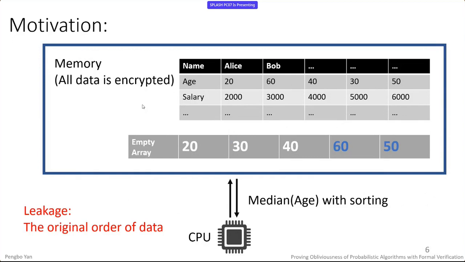If this memory access pattern is leaked, then the original order of the elements in that array is also leaked to the attacker, which is additional information that we don't want to reveal. So this is an example of how the memory access pattern leaks information. If the attacker runs these median queries on multiple rows, then the attacker may infer and deduce more information.